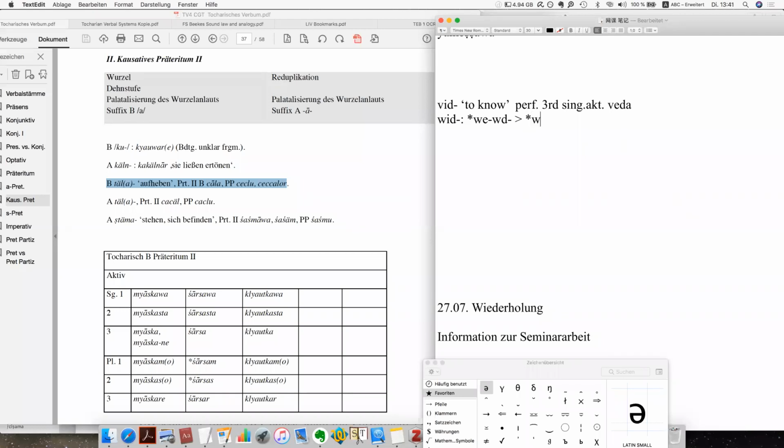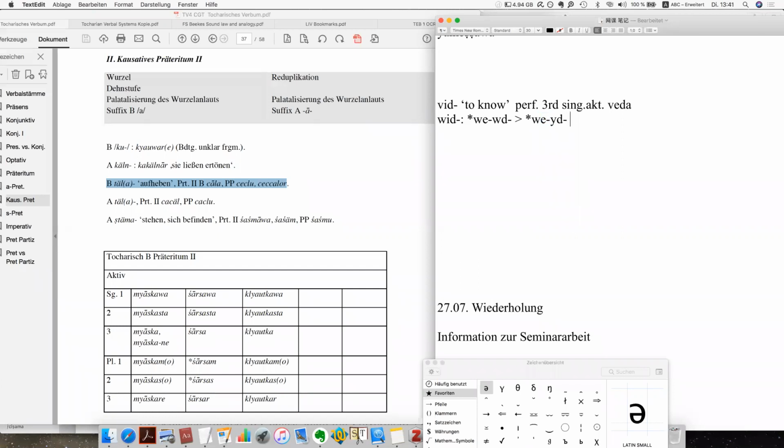So the reduplication look like this one, yeah. So the becomes a y, and this weight becomes weight, yeah. So it's just look like this.